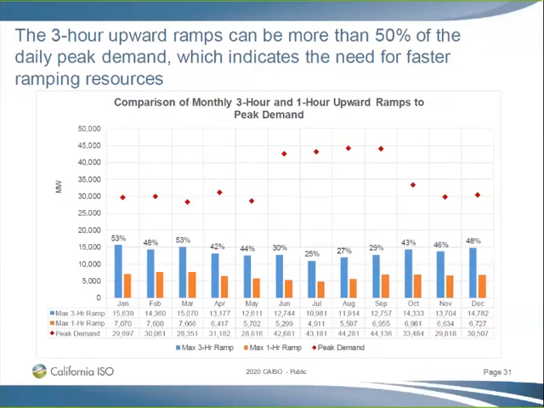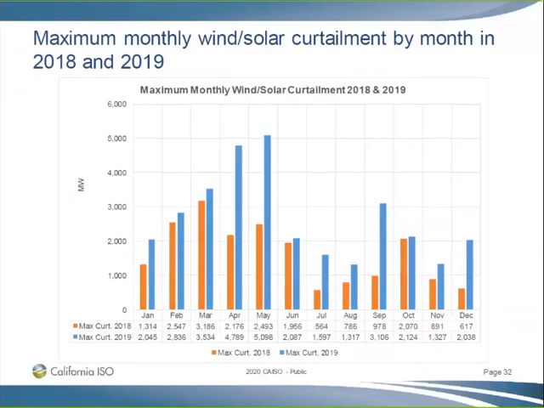So, slide 32 shows you the wind and solar curtailments for 2018 and 2019. When you look at this, you see in April and May we did quite a bit of curtailment last year, because we had a good hydro year. In May, there was one day we curtailed over 5,000 megawatts, and that's a lot of energy.